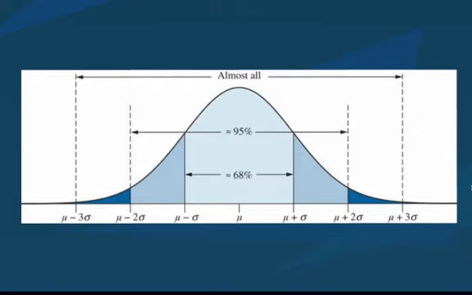We know that 95% are between -2 standard deviations and +2. And we know that 99.7%, which is almost all, of the population is between -3 standard deviations and +3 standard deviations. Okay, so those are all characteristics of a normal distribution.